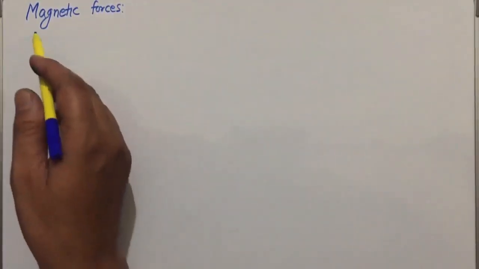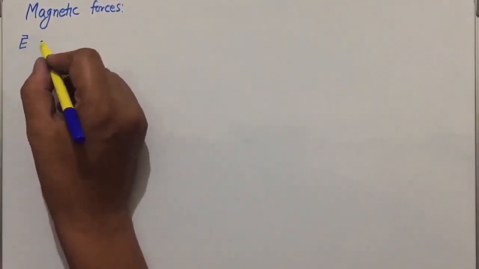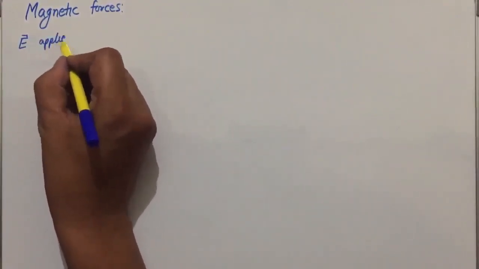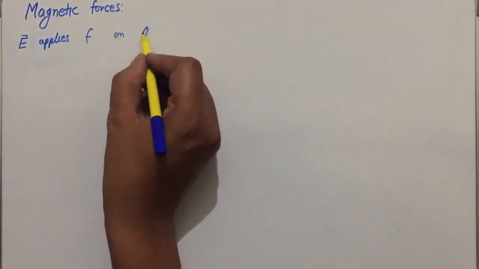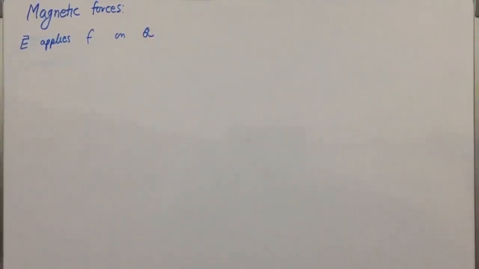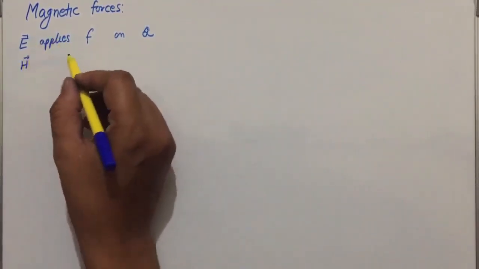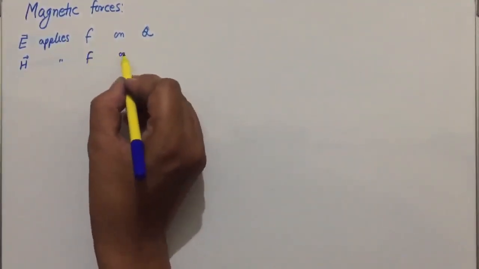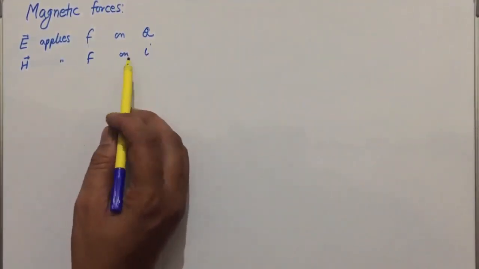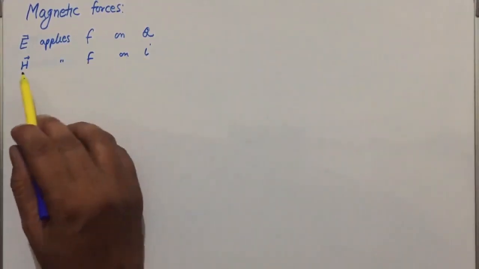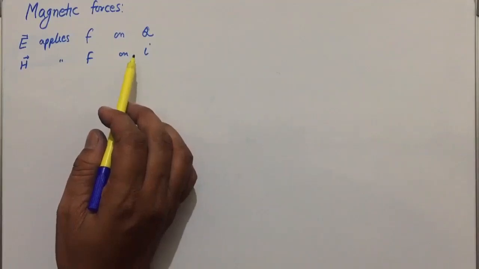Now let us discuss magnetic forces. We know that the electric field applies force on the charge, whereas the magnetic field applies force on current. It means that if there is a current in a magnetic field, then it experiences a force.